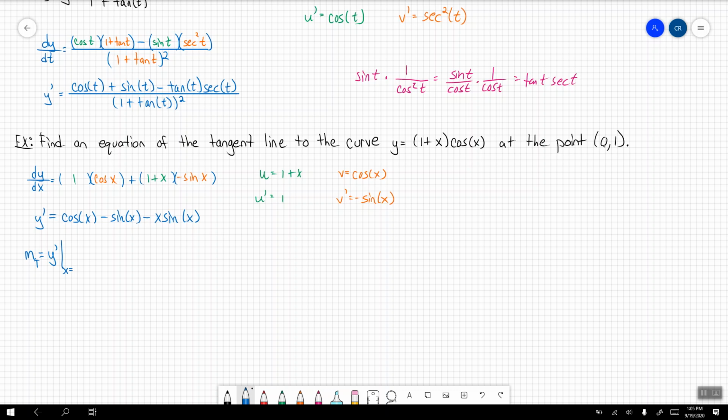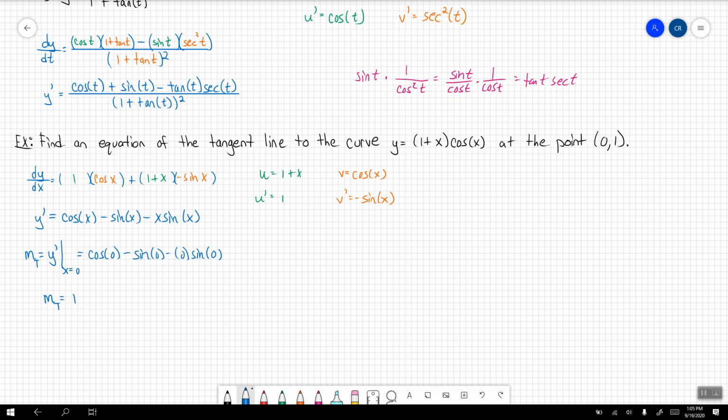The given value of x is from the ordered pair, where x is equal to 0. So we make our substitutions. Cosine of 0 minus sine at 0 minus 0 times sine at 0. And identifying that sine of 0 is just 0, then naturally the slope of the tangent line becomes just 1.